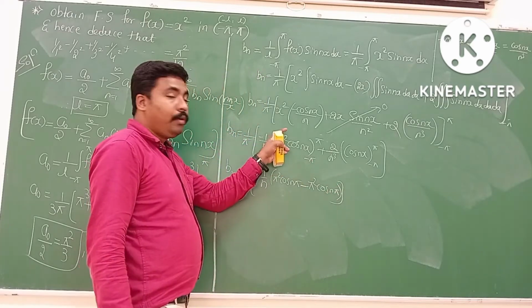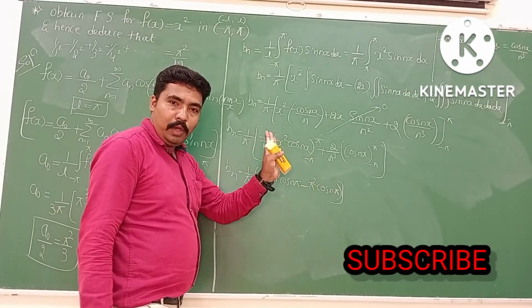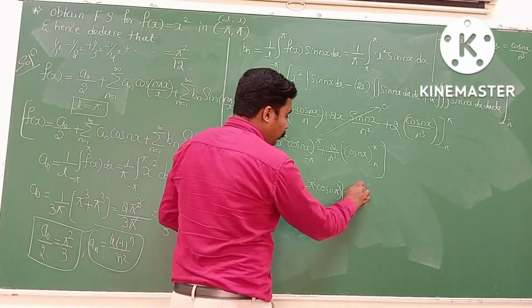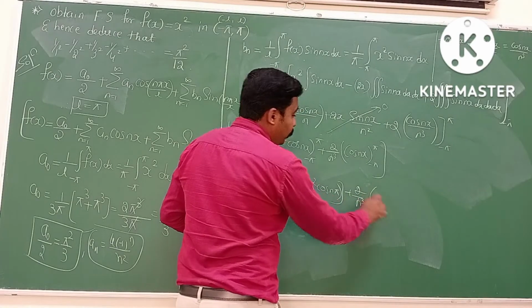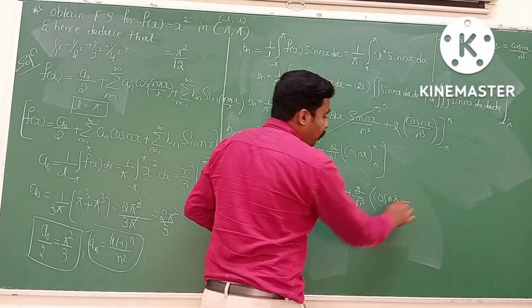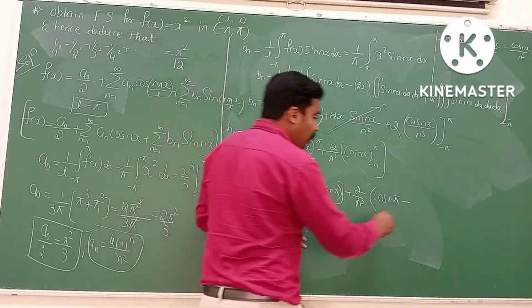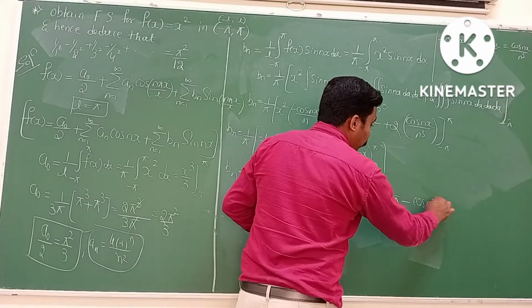Plus 2 by n cube. So this upper limit is cos n pi, minus the lower limit, cos of minus n pi, which again is cos n pi only.